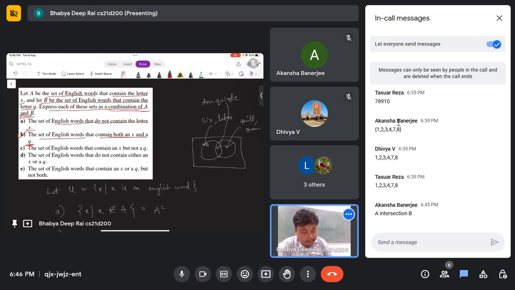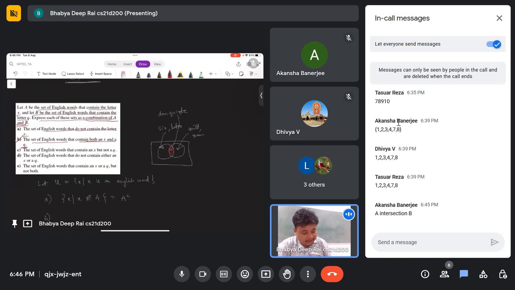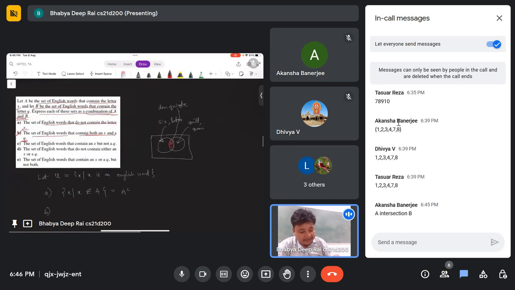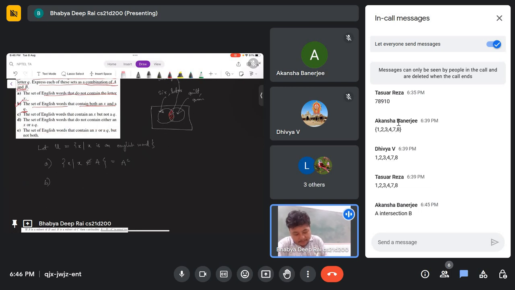Akanksha has answered it. This is exactly the section I want. But what is this section? This is simply A intersection B, right? So the answer for part B is A intersection B.